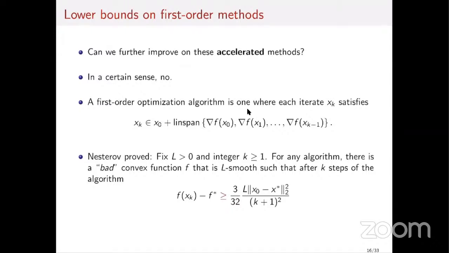So what this result is telling you is that for any algorithm that you design, there's always going to be a bad function on which this algorithm will have a convergence rate that is worse than 1 over k squared. I hope that the statement of this theorem is clear.